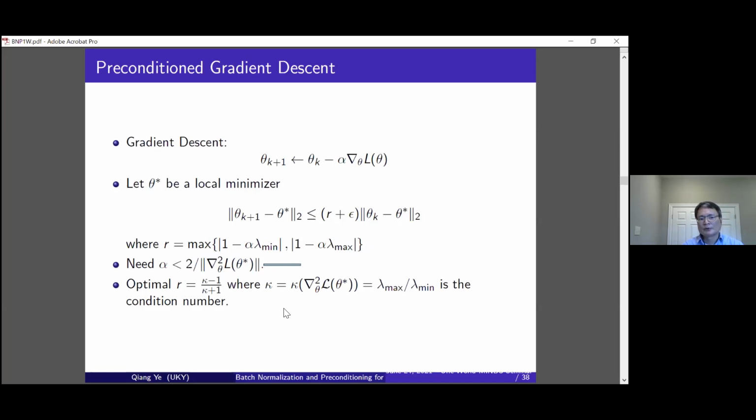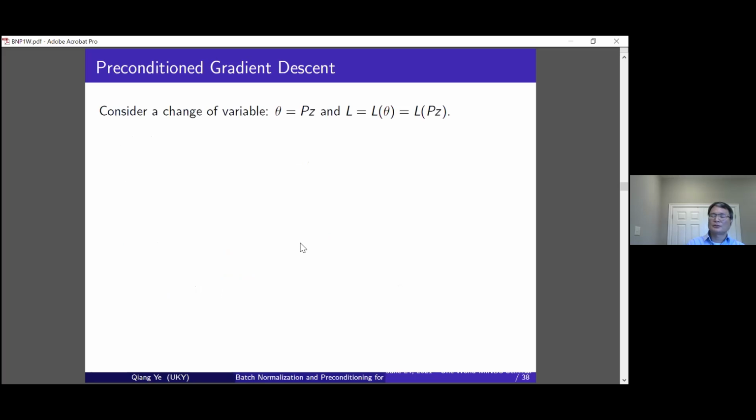Also, the optimal rate is (kappa minus 1) over (kappa plus 1), where kappa is the condition number in the spectral 2-norm of the Hessian matrix at the minimizer. So the rate of convergence depends on the condition number of the Hessian. The preconditioning method tries to use a linear transformation or change of variables to improve the condition number of the Hessian.